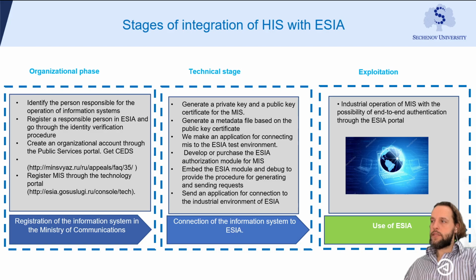Now, it's a quite complicated path of integration of a hospital information system with the unified authorization system, and it will require you to register your hospital information system in the common registry, generate some public key, and provide this key to the authority, keeping this authentication system in place.